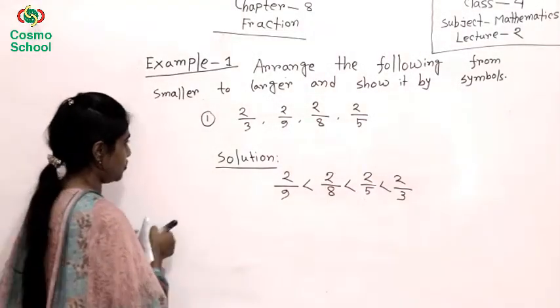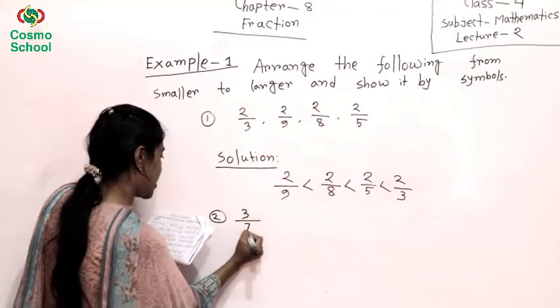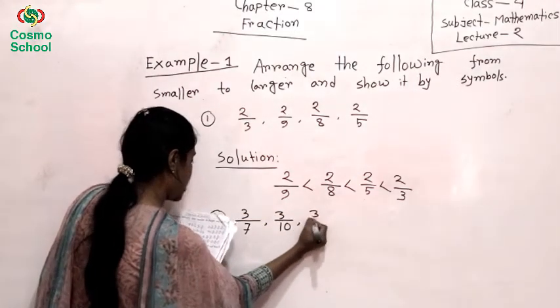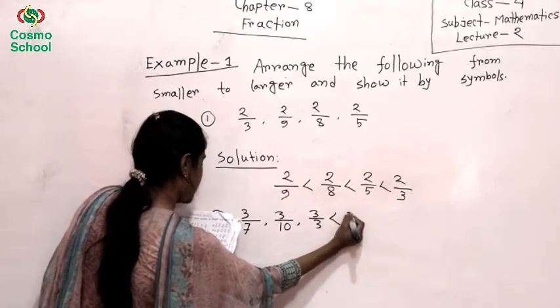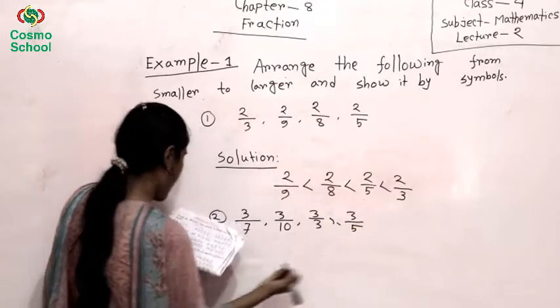Now question number 2. 3 divided by 7, 3 divided by 10, 3 divided by 3, and 3 divided by 5.